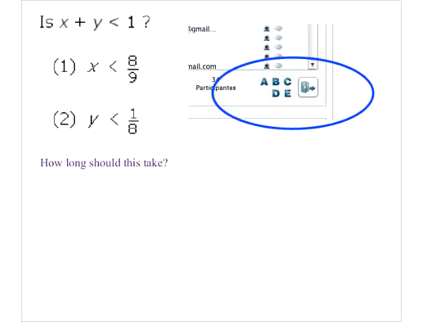In the text box, if you have an opinion on this, go ahead and put it in the chat box. How long do you think a problem like this deserves? Minutes, seconds, that kind of thing. Okay, so some people are saying anywhere from 2.5 minutes to about 30 seconds.